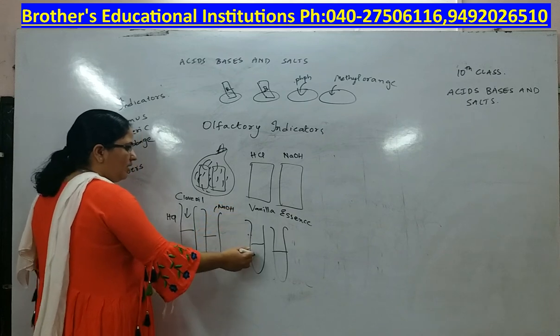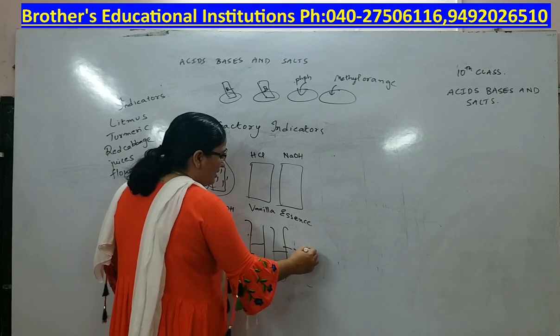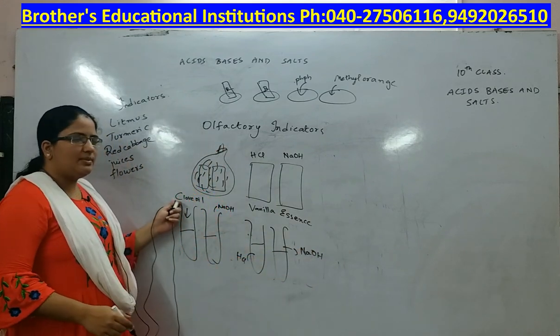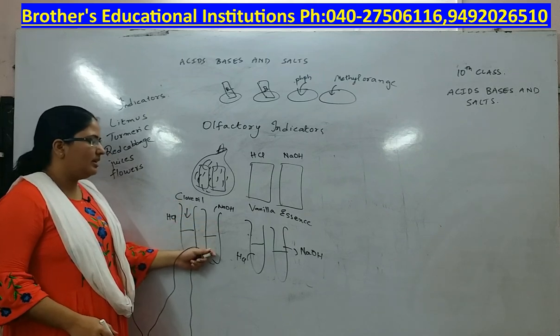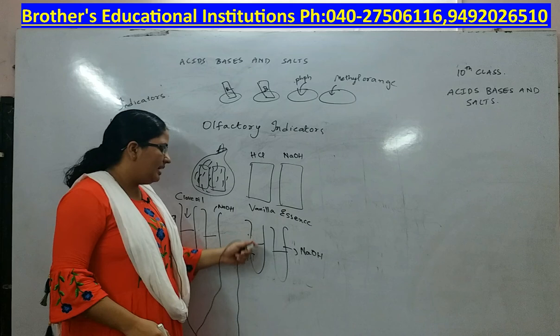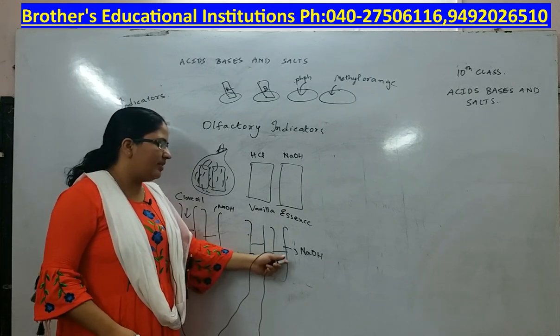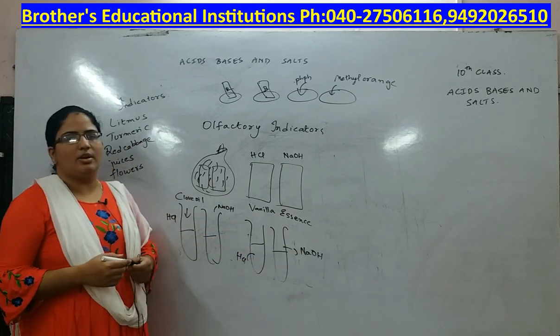Here also to one you add HCl, to another you add NaOH. When you add HCl, the clove oil smell remains as it is, whereas when you add NaOH, the smell is destroyed. Here also, when you add HCl to vanilla essence, the smell remains as it is, whereas when you add NaOH to vanilla essence, the smell is destroyed.